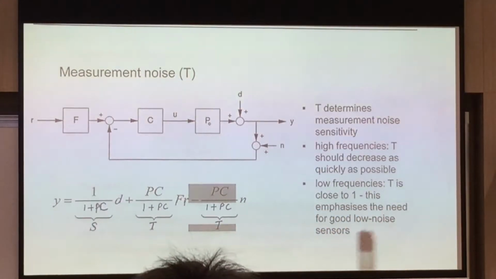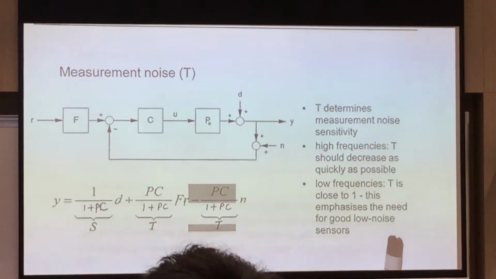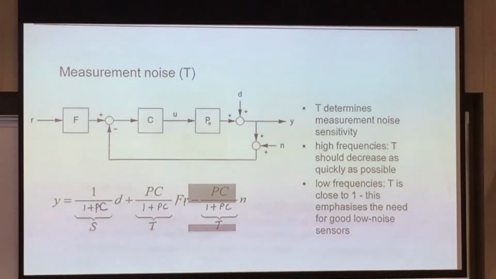So this emphasizes the need for a very good low-noise sensor at low frequencies.